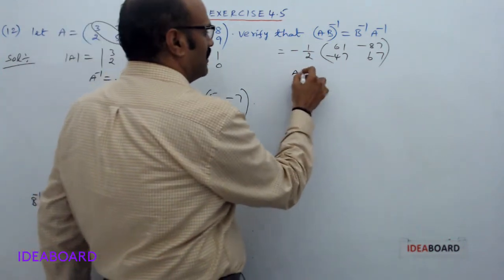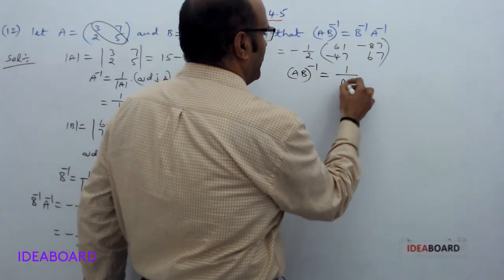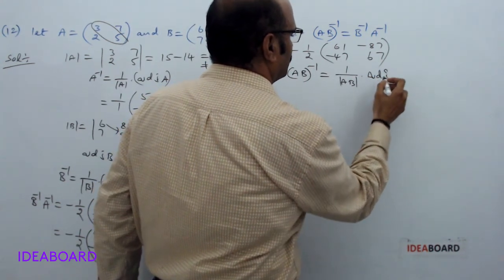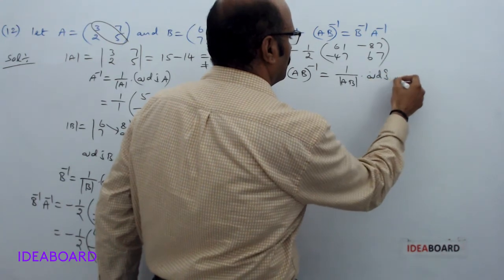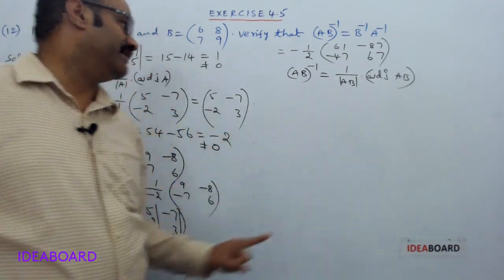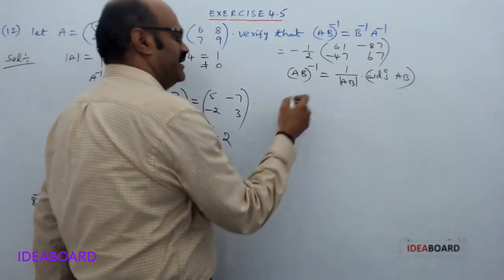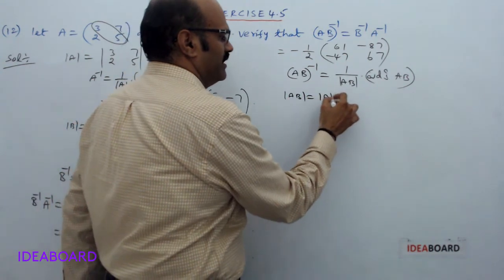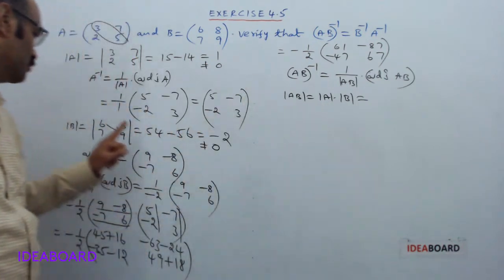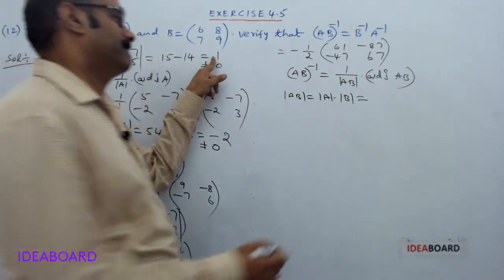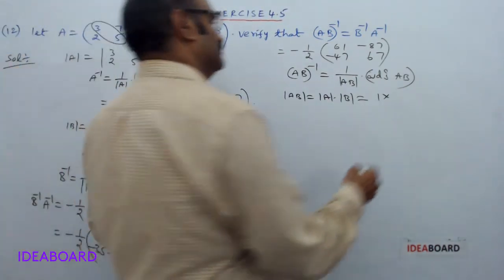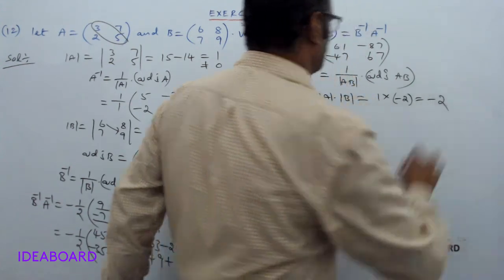AB whole inverse equal to formula 1 by det AB into adjoint of AB. So first we have to find det AB here. Det AB equal to det A into det B. Det A value equal to 1 into det B equal to -2, equal to -2.